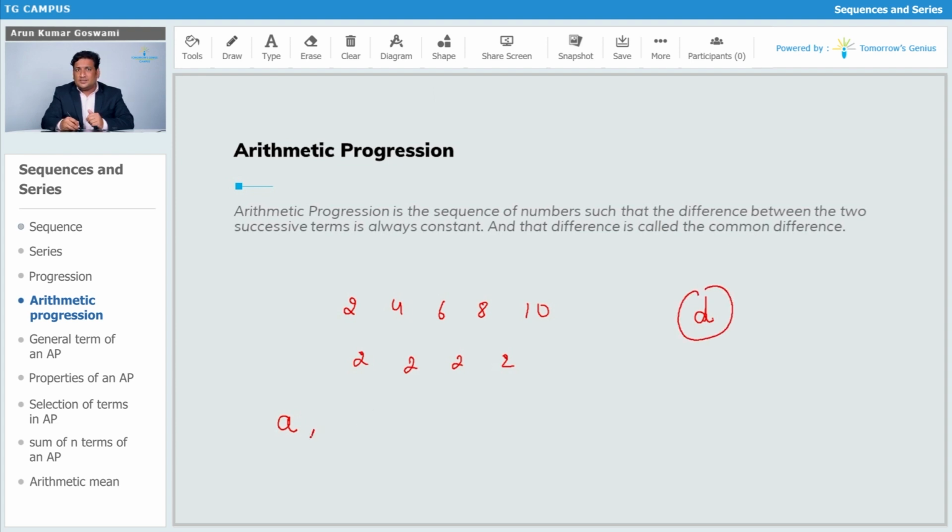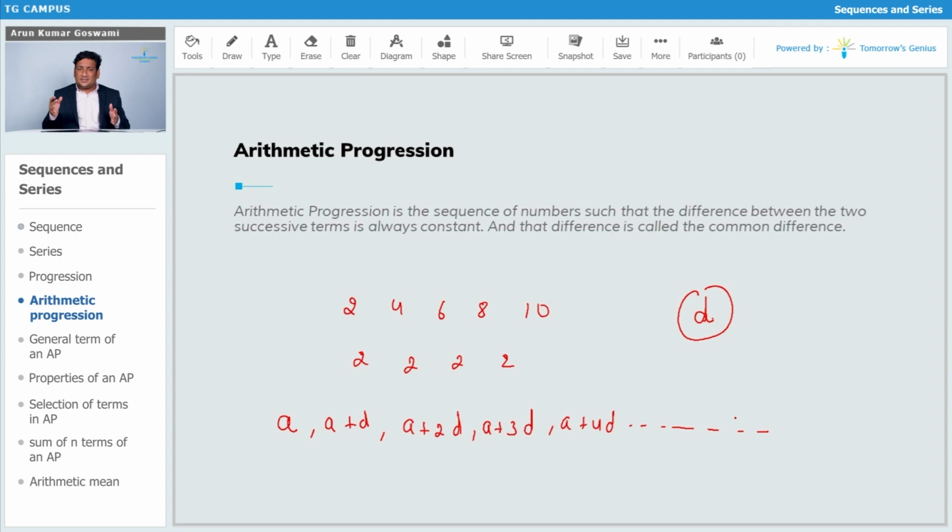Then my next term I can write as A plus D. Again adding D, the next term is A plus 2D, then A plus 3D, then A plus 4D, and so on. If it is an infinite series, I'll just write so on.